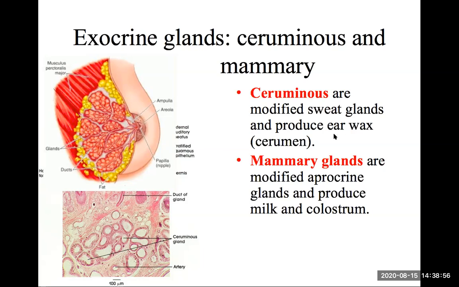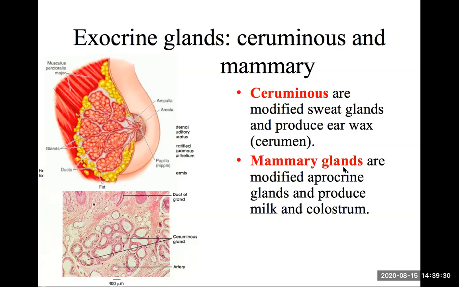So the duct leading into your tympanic membrane is lined with these ceruminous glands, and the product, cerumen, actually evolved from sweat glands. So the earwax that we have is actually something that evolved from sweat. These modified sweat glands help to, again, protect the inside of the ear and discourage bacterial growth.